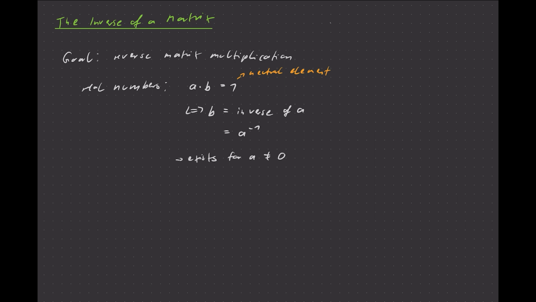And for matrix multiplication, we also have a neutral element, that is the identity matrix, I_n for a matrix of size n. So an inverse element would have to satisfy basically the same equation as for the reals.